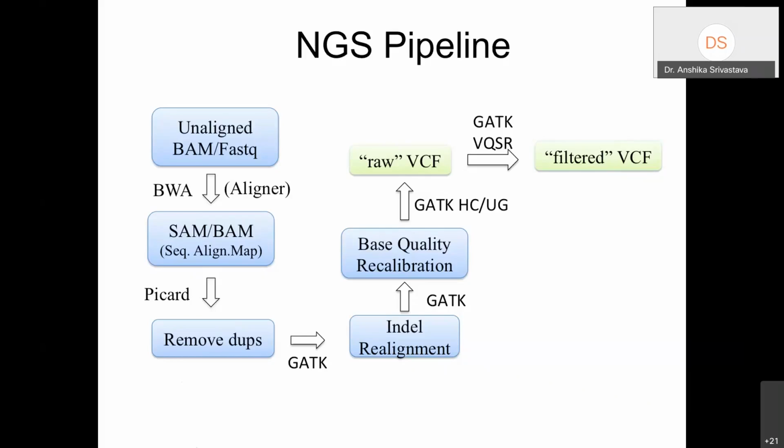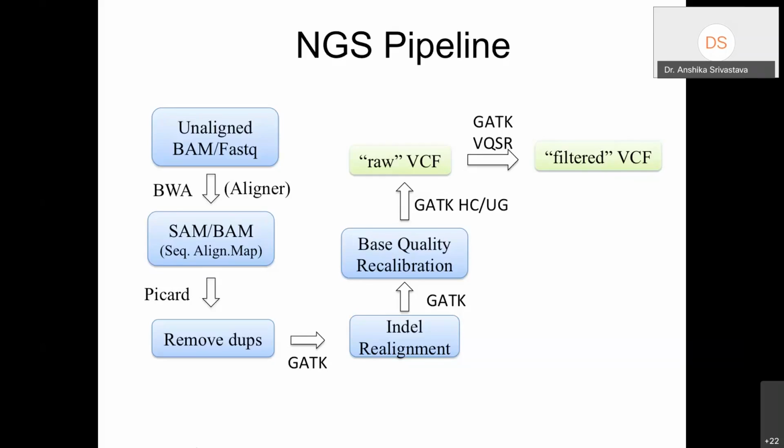So here, starting from, say, 4 gigabytes of file, we now come up with a raw variant calling format file, which contains around 60 to 70,000 variants in an Excel sheet.